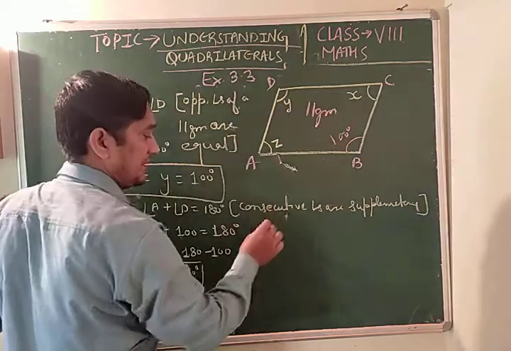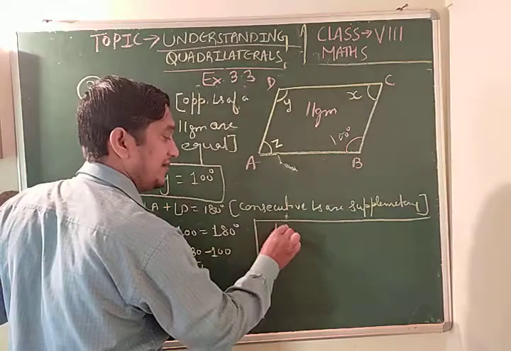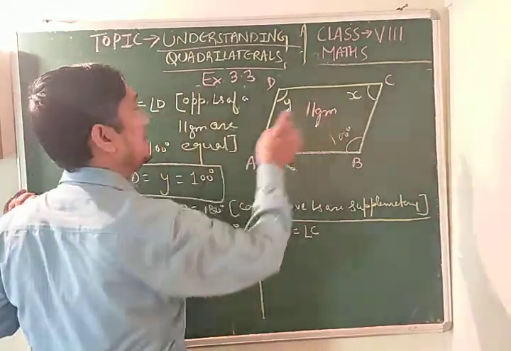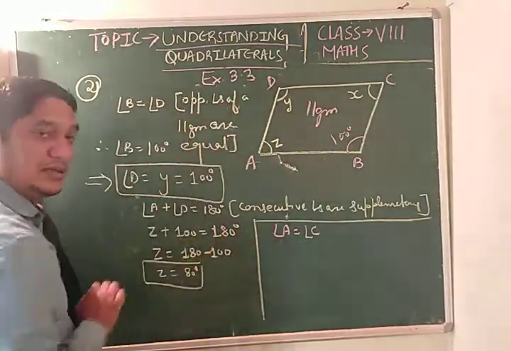Only this X. Now children, we know that angle A and angle C are opposite angles. So we have to use the property: opposite angles of a parallelogram are equal.